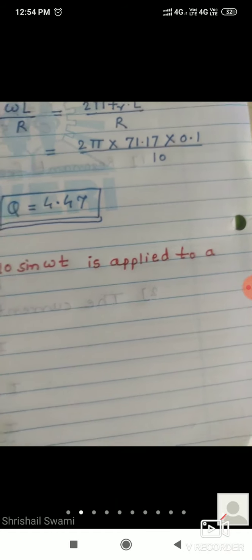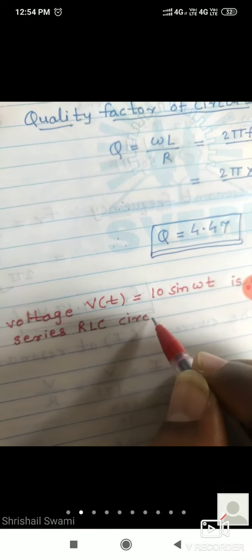A voltage V of t is equal to 10 sin omega t, that is AC supply, is applied to a series RLC circuit at resonant frequency.